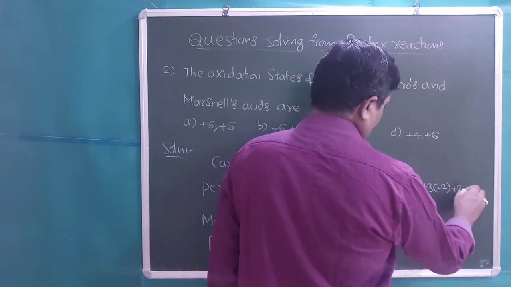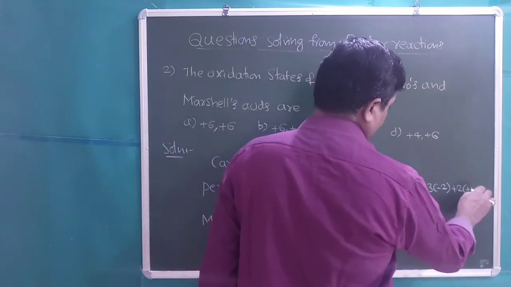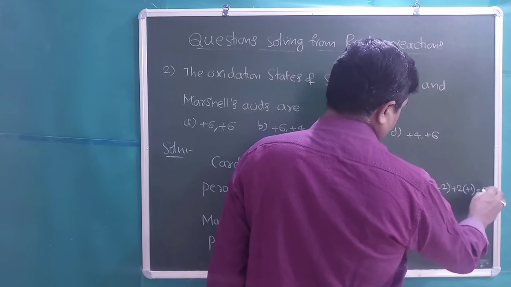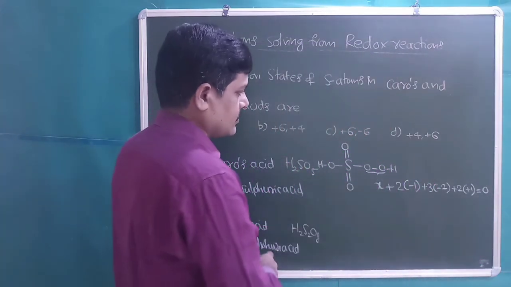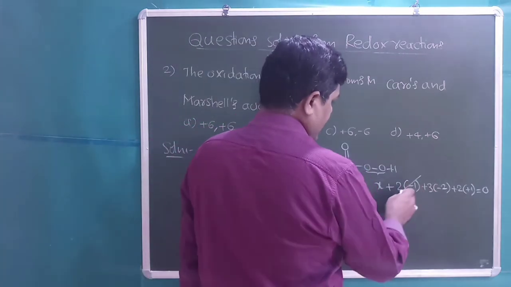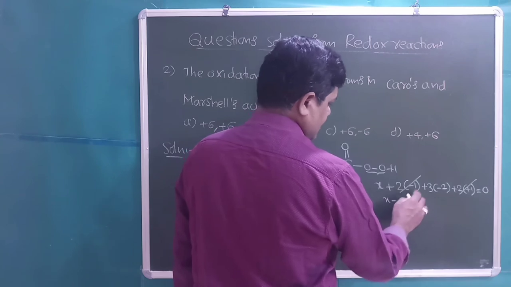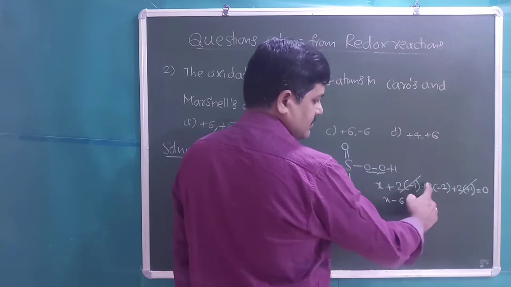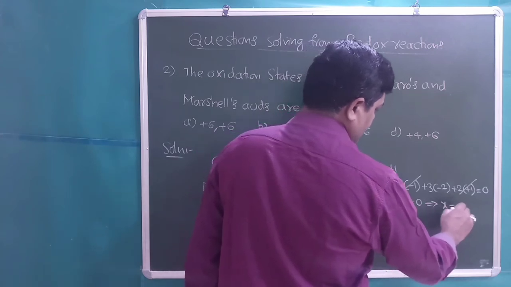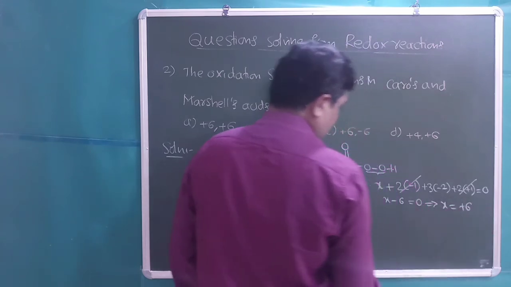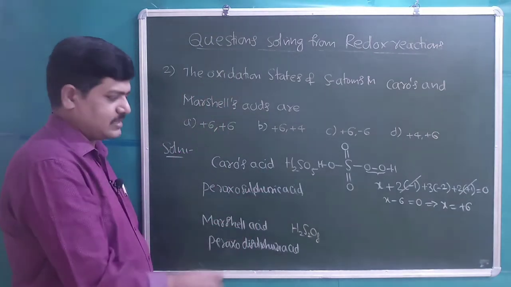Plus 2 hydrogen atoms, each +1. Sum of the oxidation states in the neutral molecule is 0. So the -2 and +2 cancel. X - 2 - 6 + 2 = 0, so X - 6 = 0, which implies X is +6. Oxidation state of sulfur in Caro's acid is +6.